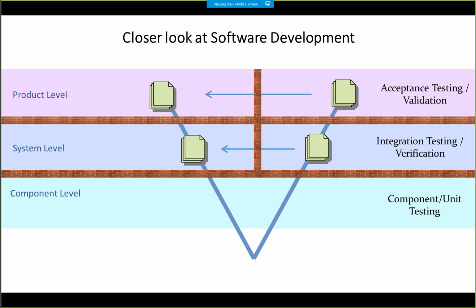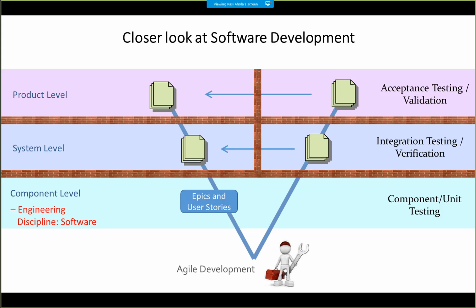However, if we think of software development, meaning the software engineering discipline, they often have epics and user stories in place, some agile development methodology in use, unit testing connected, nice here. However, they still come up with some documents very often.